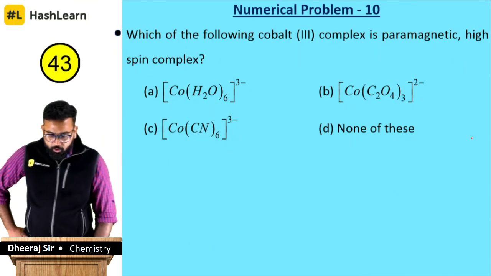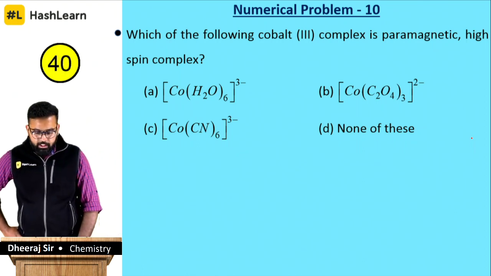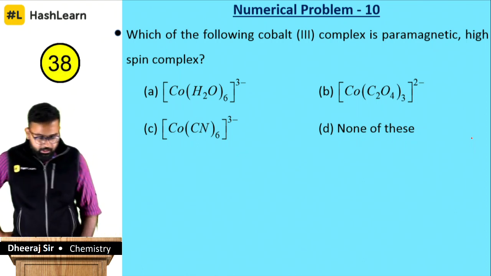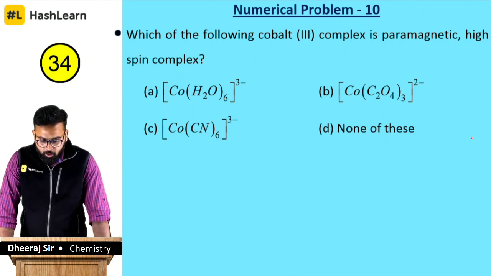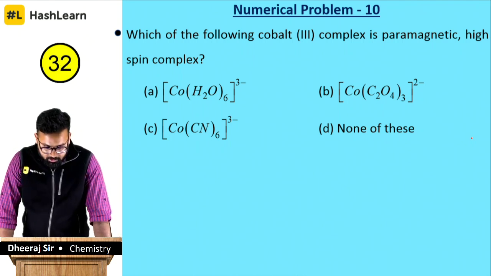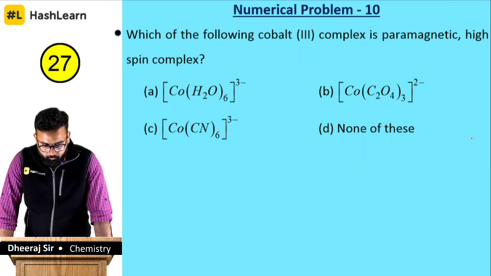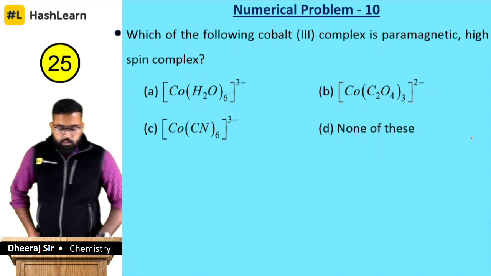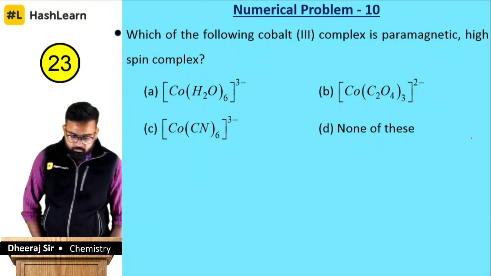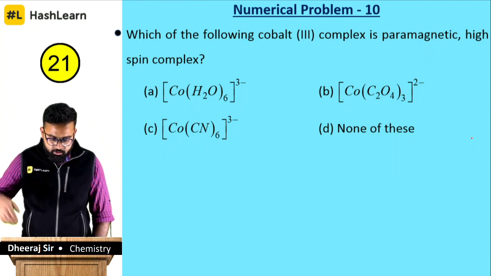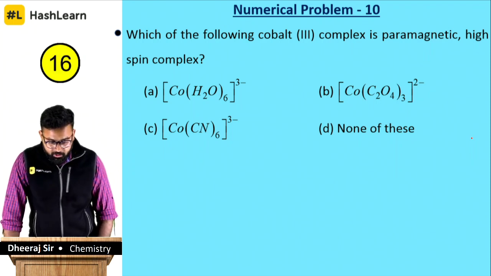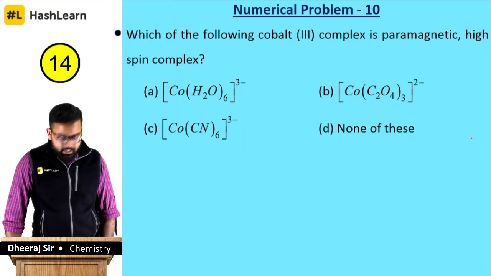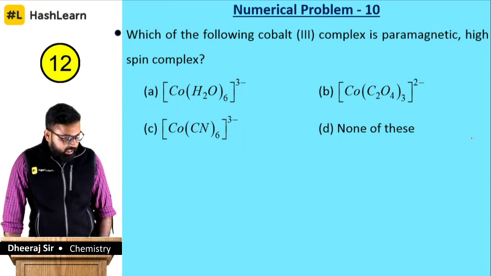Which of the following cobalt complexes is paramagnetic and a high spin complex? Have a detailed look. [Co(H2O)6]3+, [Co(C2O4)3]3-, [Co(CN)6]3-, and none of these.